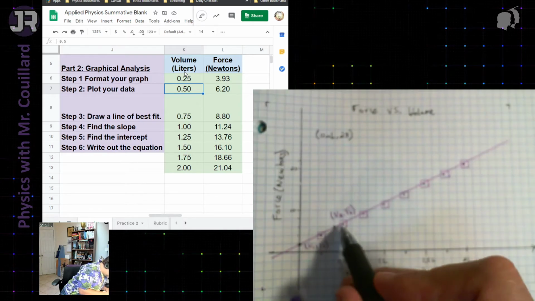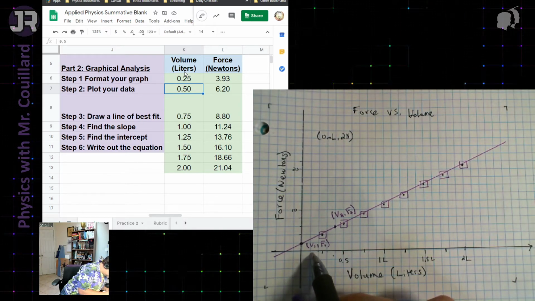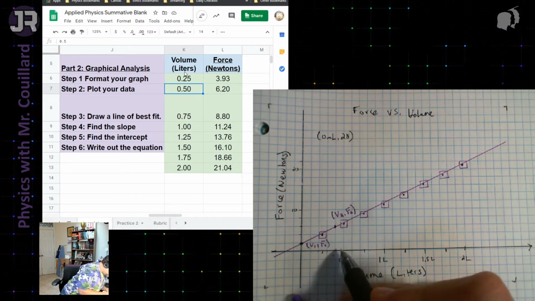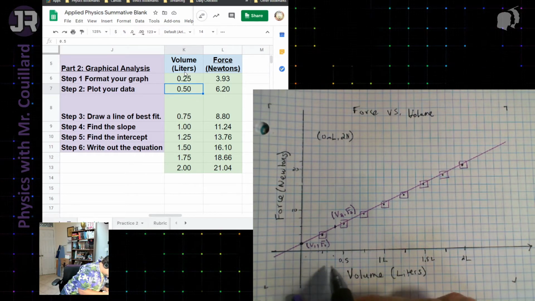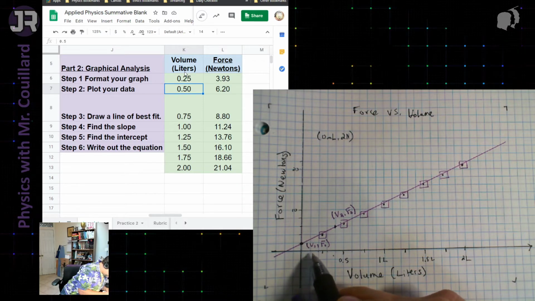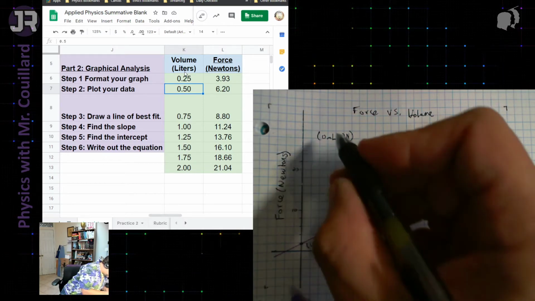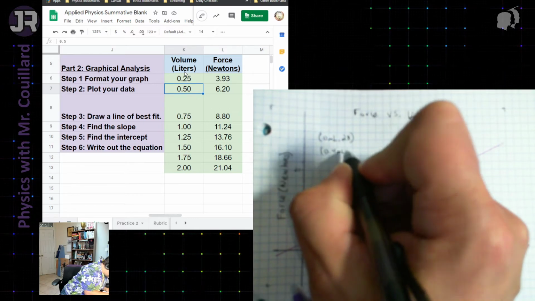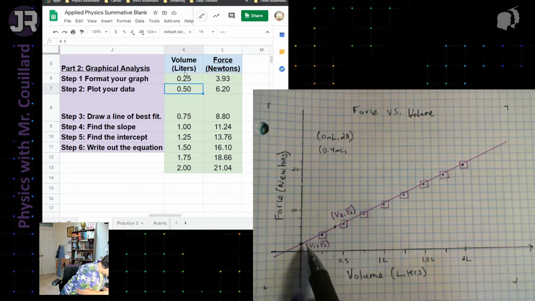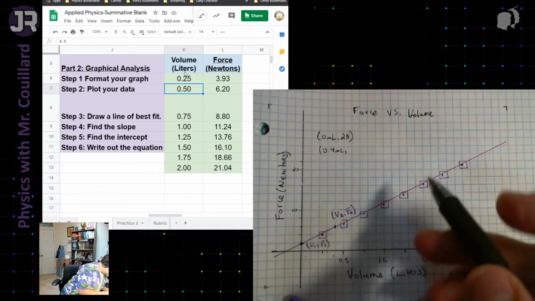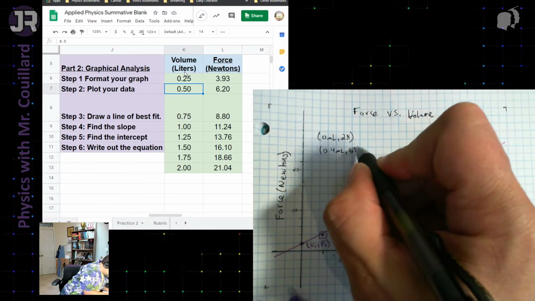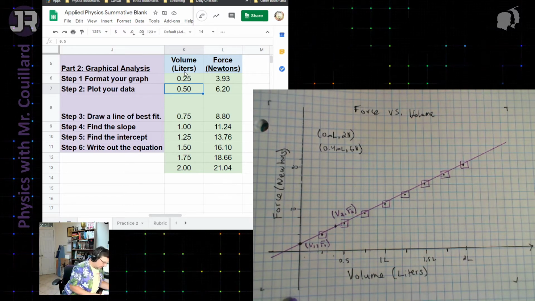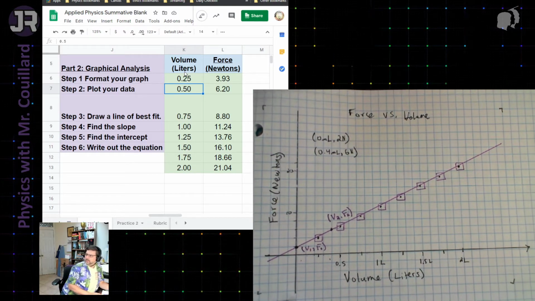And then our second point: 0.1, 0.2, 0.3, 0.4. So 0.4 milliliters and 2, 4, 6 newtons. Okay, so now we can go ahead and calculate our slope.